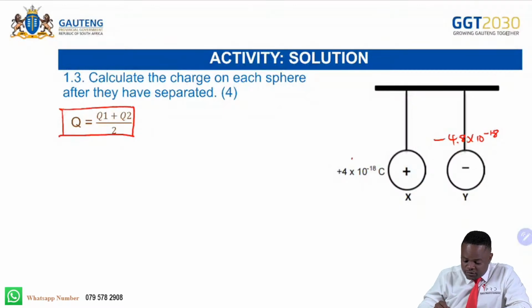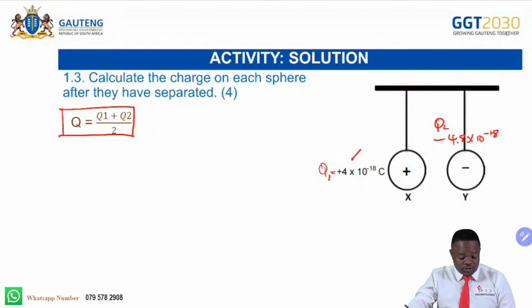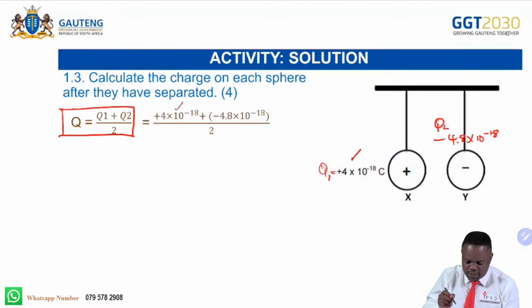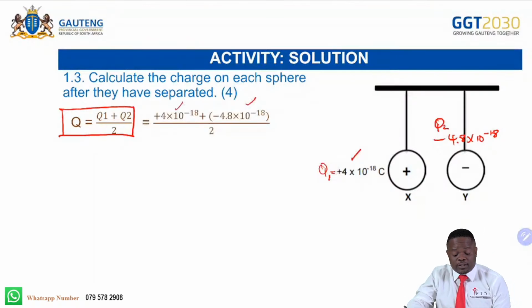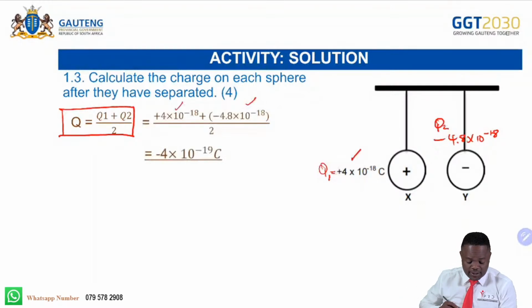Okay, you have your Q1 there, and that one is your Q2. So you just substitute into our formula there, your Q1 and your Q2, and you do your maths using your calculator there, and we get a negative 4 times 10 to the power negative 19. I'm definitely sure that you were able to do that calculation.